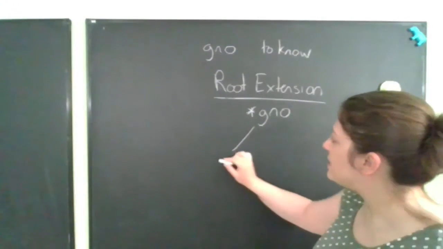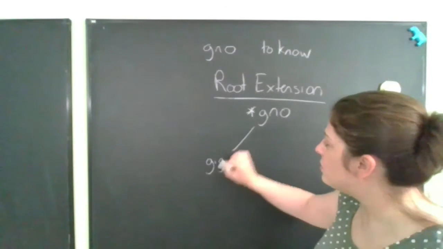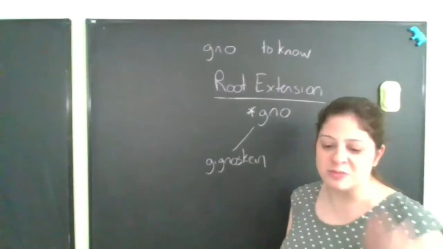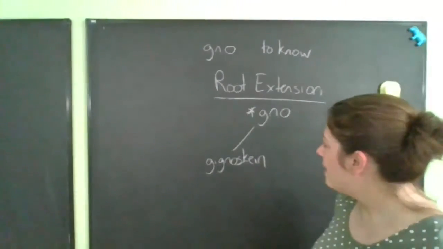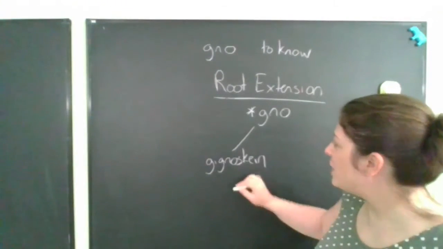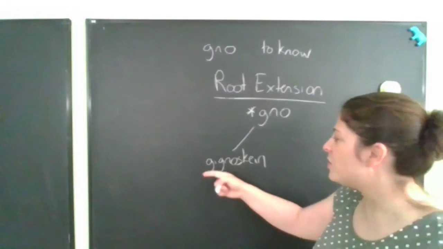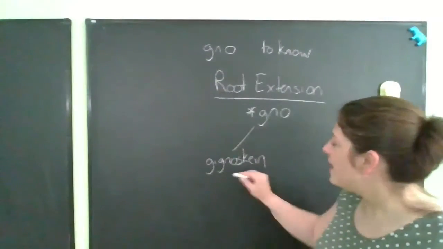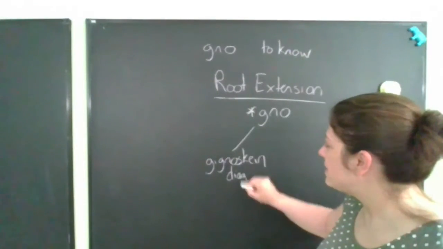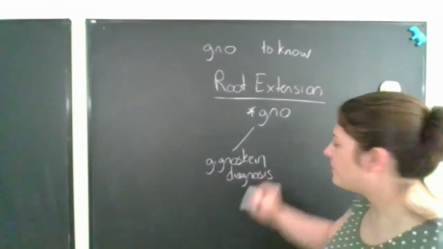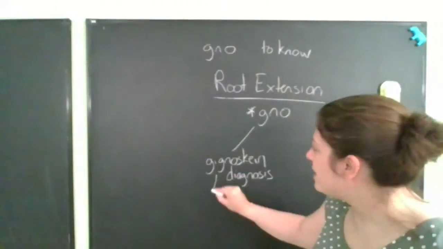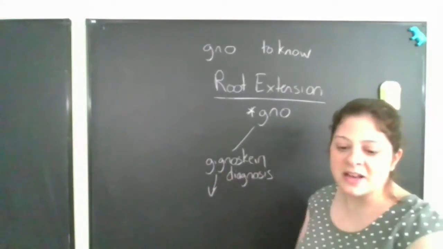In Greek, for instance, it gave rise to the verb gignoskein, which means to know, from which we pull off the ending and also the front, and we get that root GNO or GNOS. Diagnosis comes from this, right? From gignoskein, the Greeks then made a noun out of it.